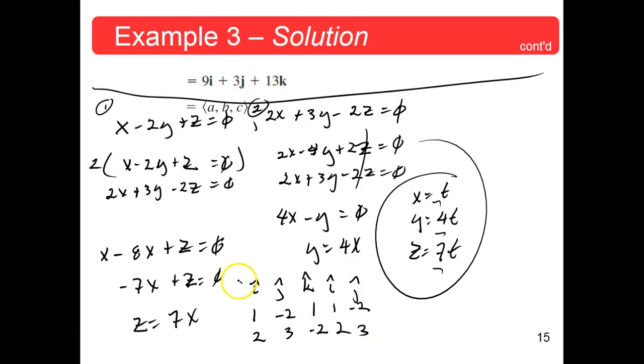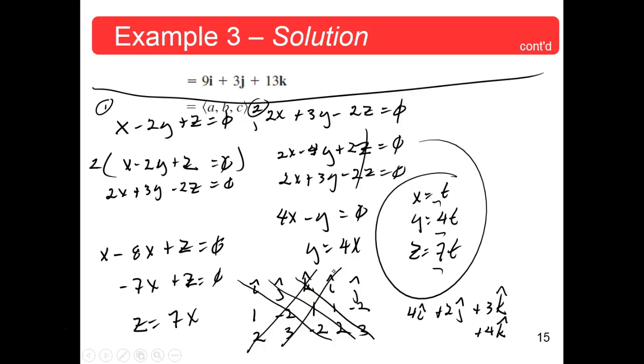Down diagonals would be, for i, ... plus 2j, plus 3k. Then the opposite up diagonals: plus 4k, minus 3i, and plus 2j.